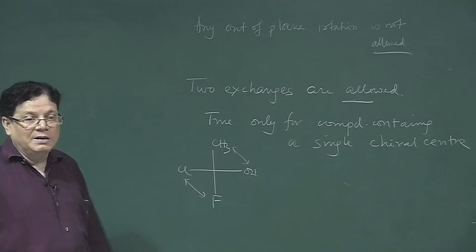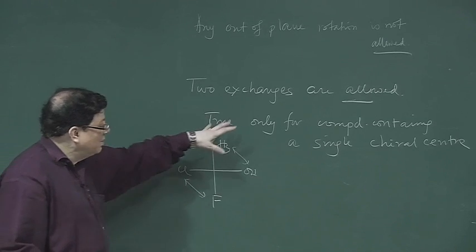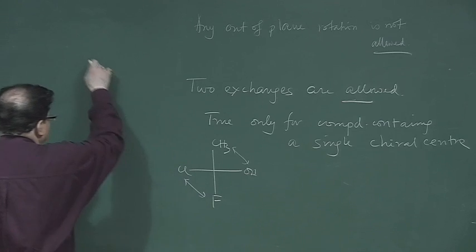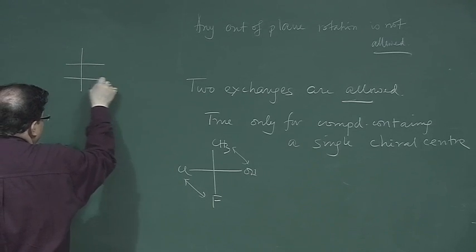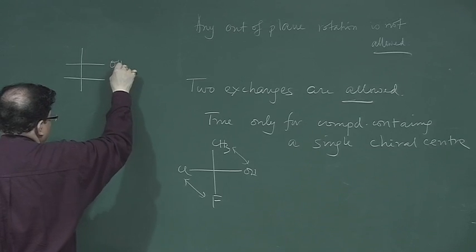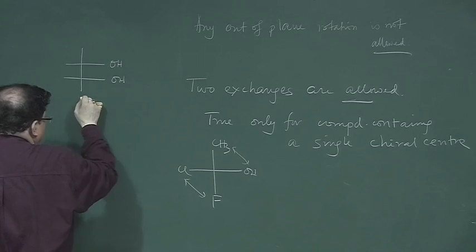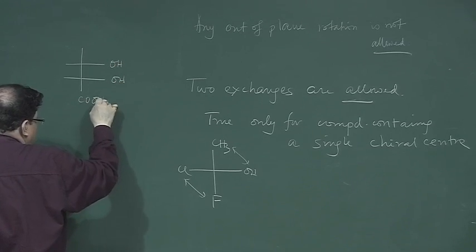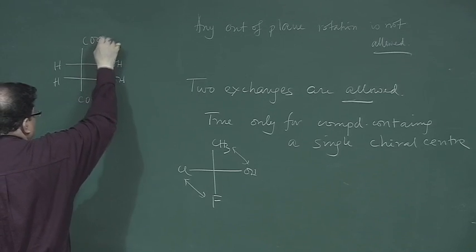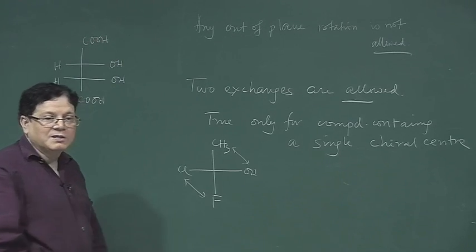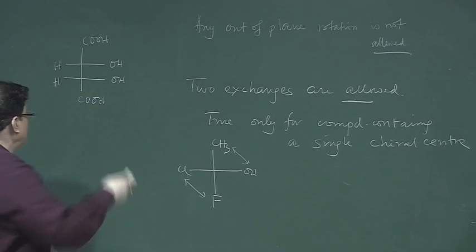When the chiral centers increase, this rule will fall apart. I can give you an example. Suppose tartaric acid, if I write tartaric acid, OH CO2H H, this is the Fischer projection formula of tartaric acid. Now, if I ask you to convert it into the wedge formula, you can.